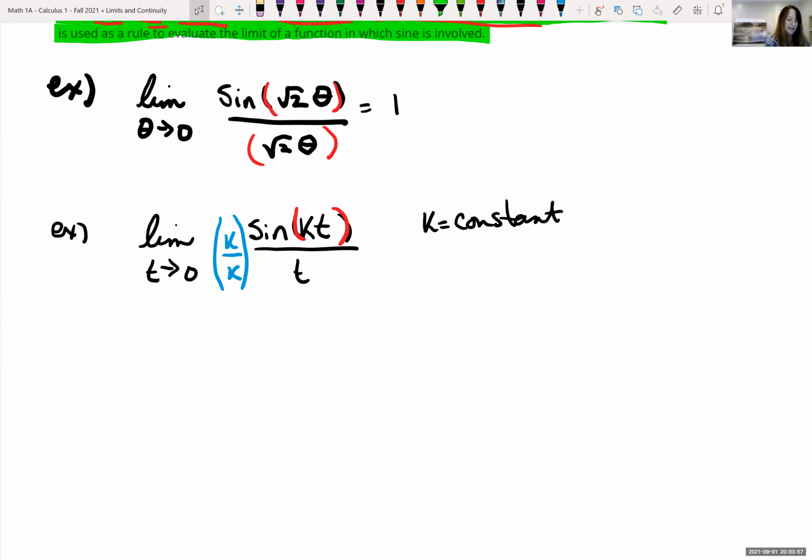And so technically, remember, we could pull coefficients out front. So this k that is in the numerator, we can rewrite it as sine of kt all over k.